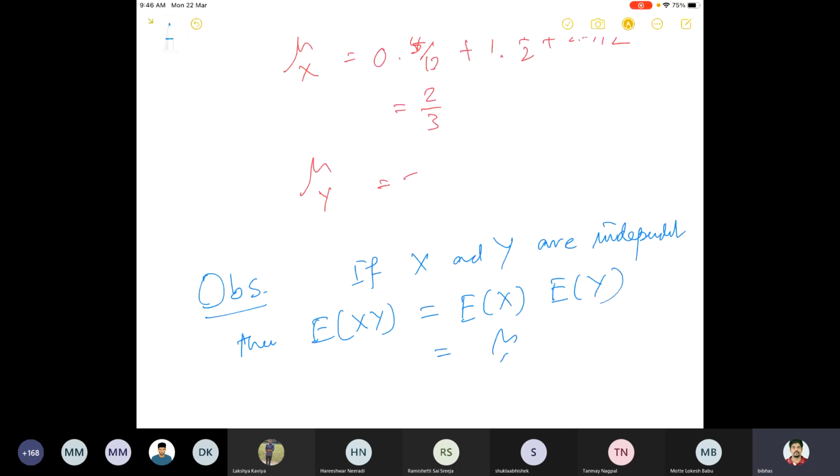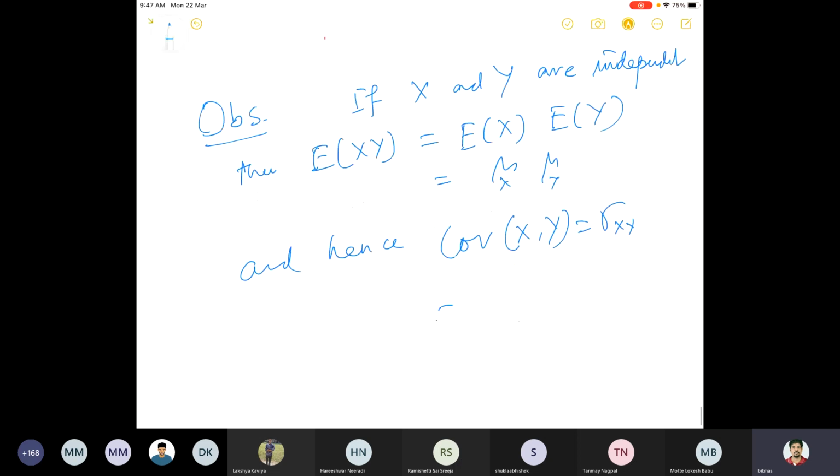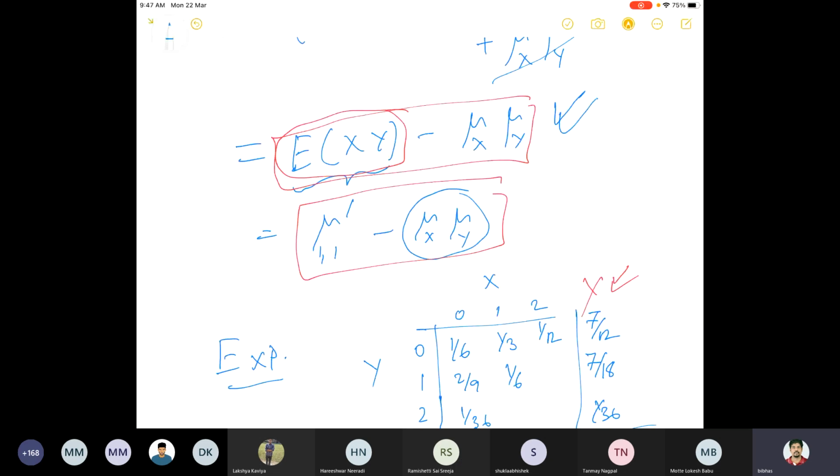So this is mu x mu y, and hence the covariance of xy, or you can just write sigma xy, is equal to 0, because it is E of xy minus mu x times mu y, but E of xy is equal to mu x mu y when they are independent. So this will be 0. So covariance is 0 when the random variables are independent.